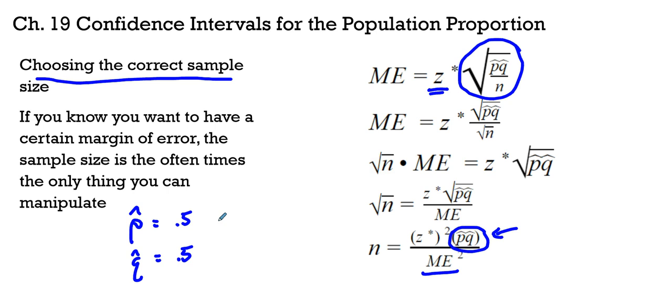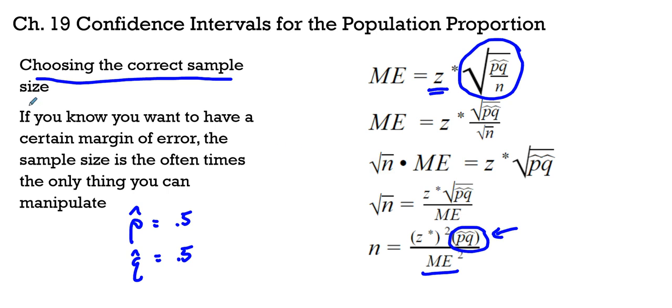And if the question's asked in any situation, normally they'll give you backstory that may or may not seem necessary. That's why it's necessary. That's what they're giving you, right? And always round up. This is a situation where you're talking about how many people you need to distribute a survey to. So you're not going to give half a survey. You're not going to give a quarter of a survey. You have to give all of it, right?